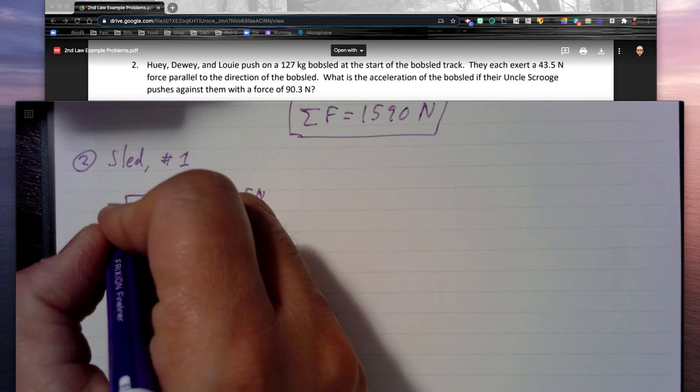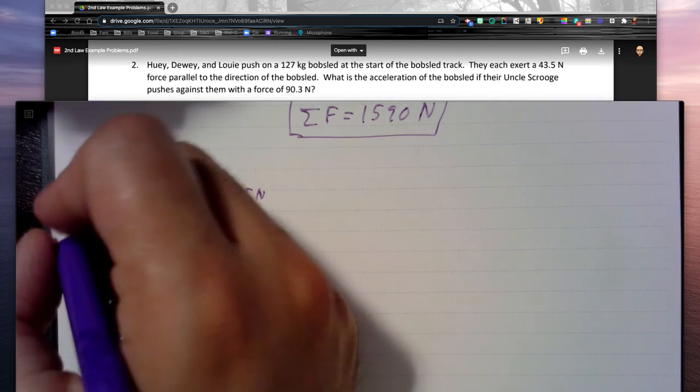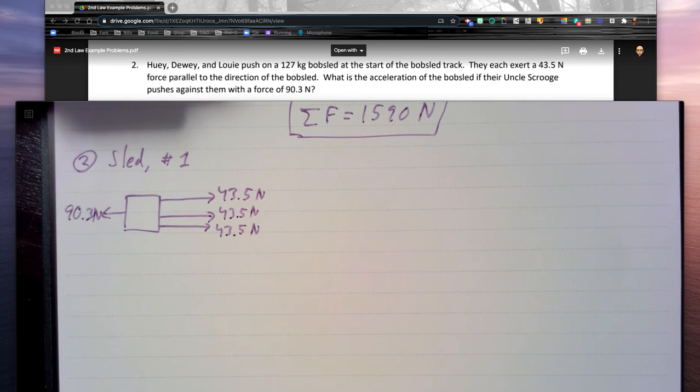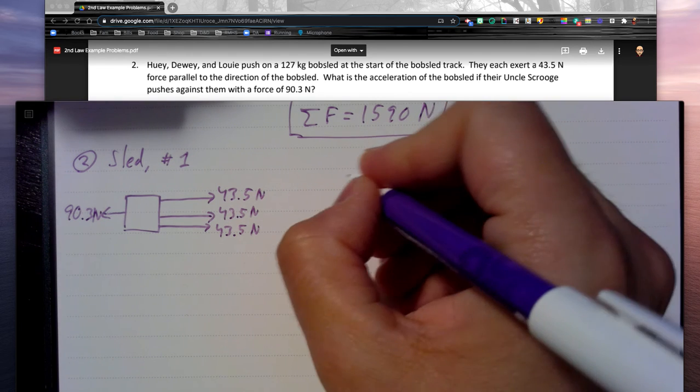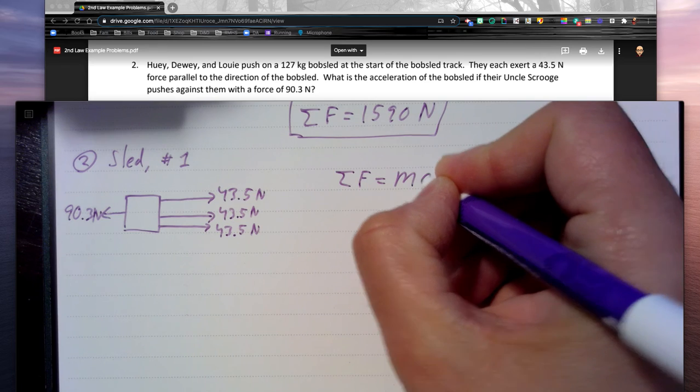These would all be applied forces. And then Uncle Scrooge is pushing against them at 90.3 newtons. So that would be the free body diagram. You could add in a normal force and a force of gravity, but chances are good that we won't need them. We have the mass of the bobsled, and we want to know the acceleration, so we can directly apply Newton's second law here.